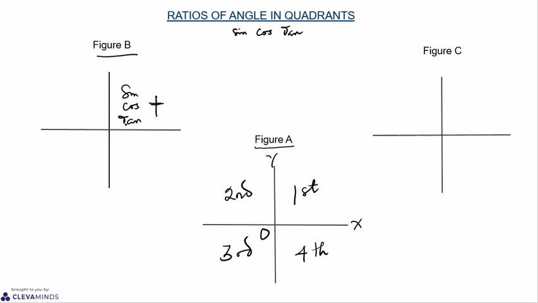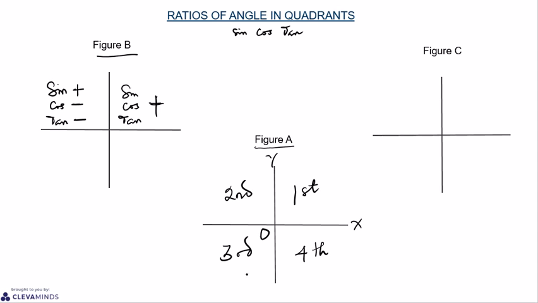Do you understand? They take a positive angle, right? Good. But when we come to the second quadrant, only sine is positive. The remaining are what? Negative. The remaining two are negative. Are you with me now?